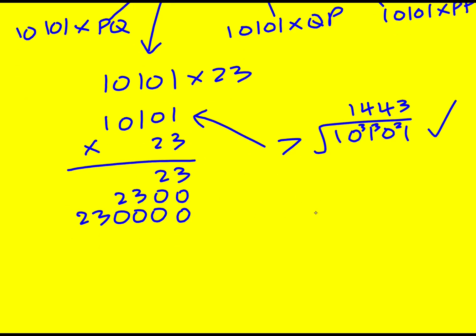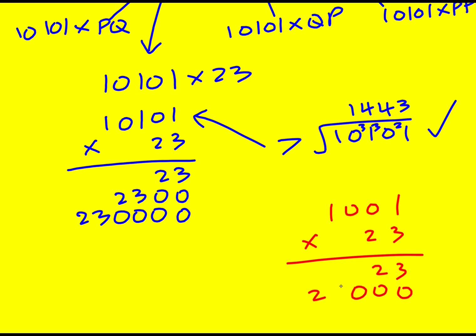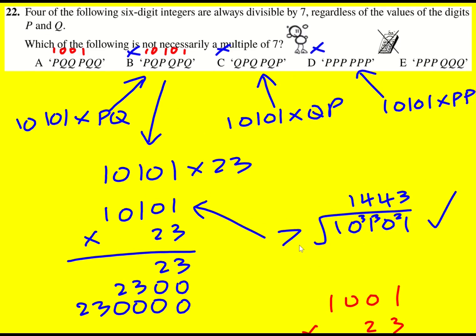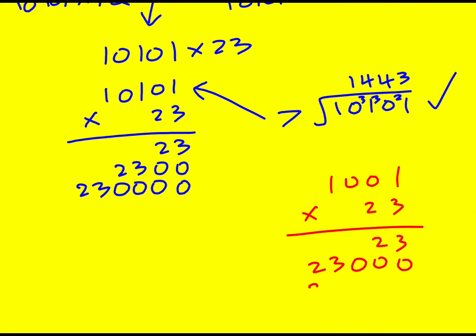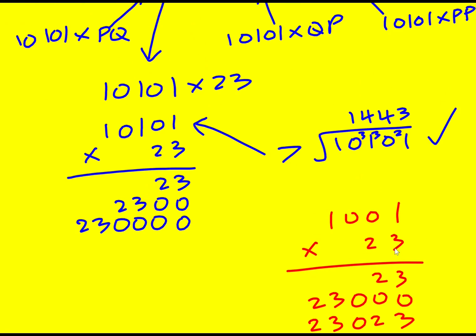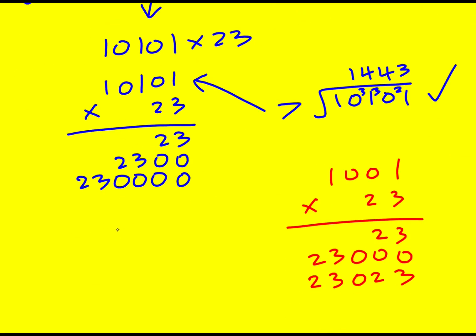Let me convince you. Let me choose 23. So 1001 times 23. We're going to get 23, and then 0, 0, 0, 23. Actually, that's not quite going to work because I'm going to get 23023. So I think I need to do a three-digit number to make this work.